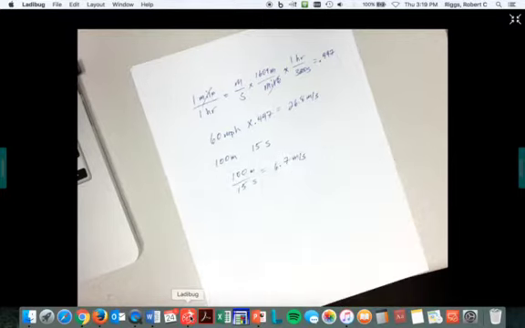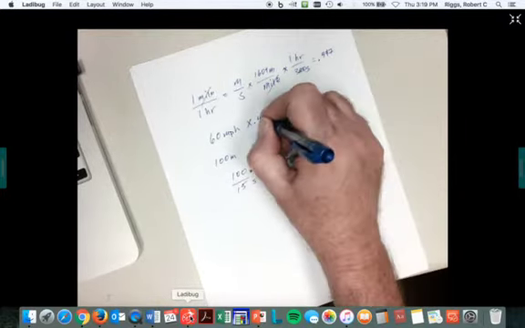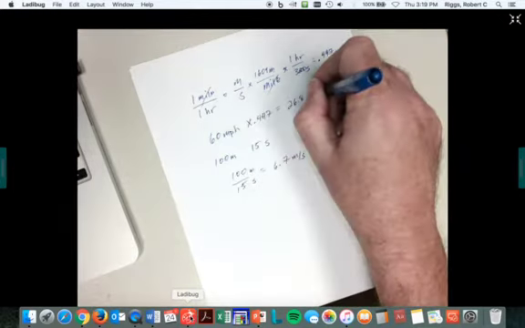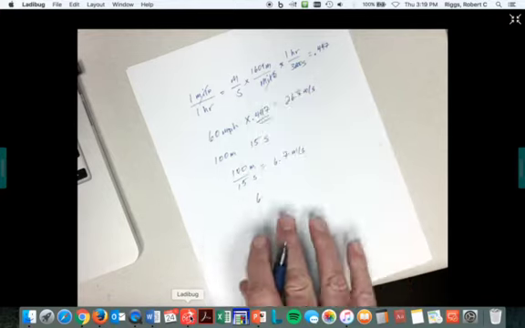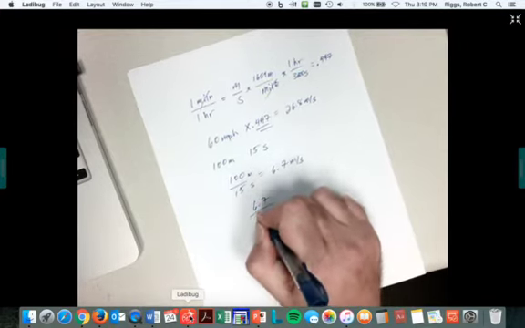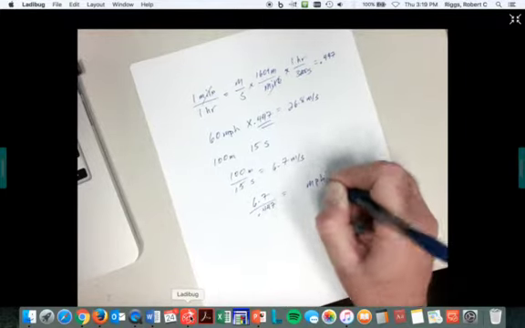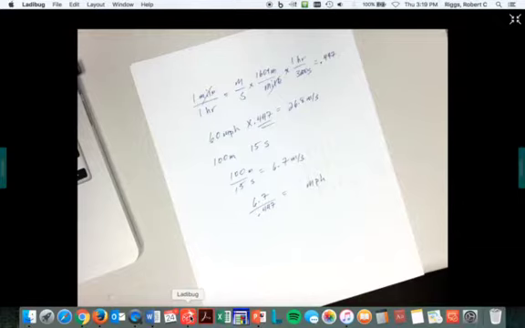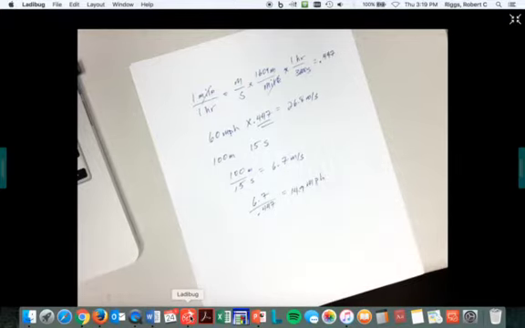Now, to get this into miles per hour, since we multiplied to go from miles per hour to meters per second, we'll divide by this 0.447. Take 6.7 divided by 0.447, and that equals about 14.9, so almost 15 miles per hour.